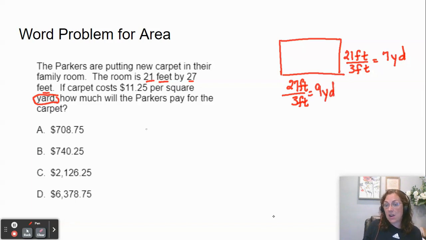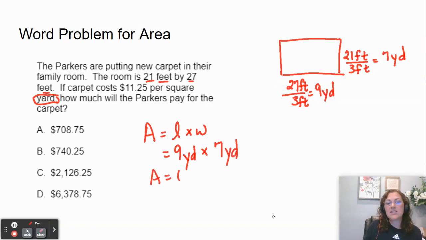Now we can find the area. The area for a rectangle is length times width. Our length here is 9 yards and our width is 7 yards. So my area is 63 square yards. Now let's deal with the price.